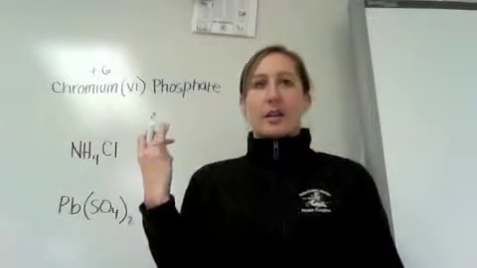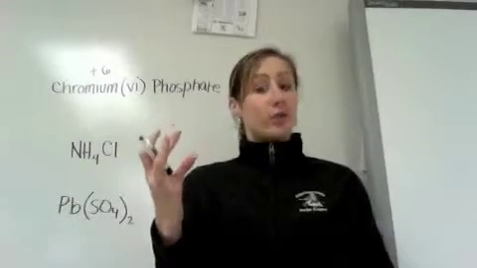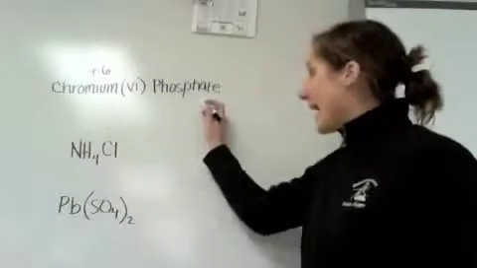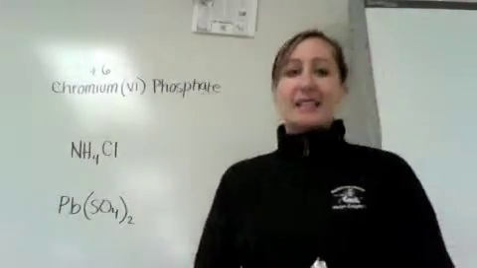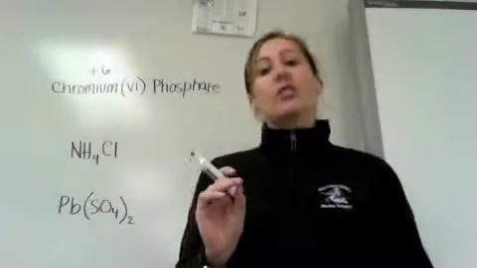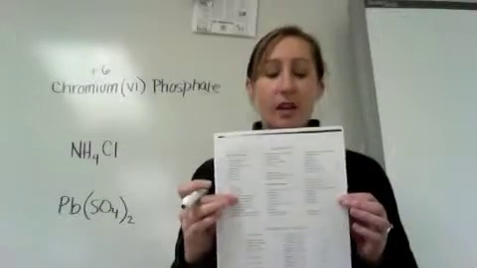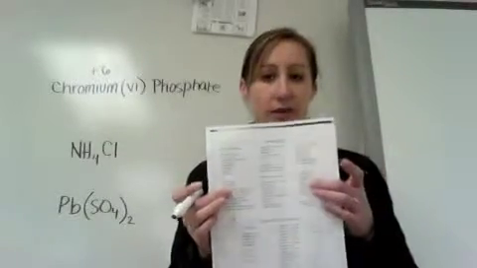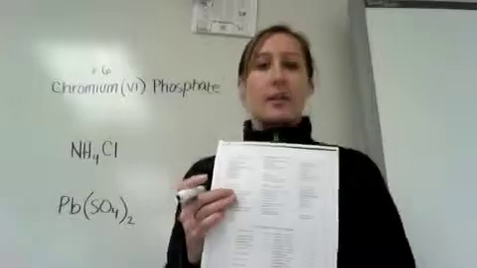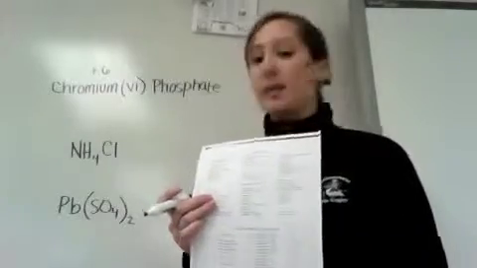Then we have to look up what the charge is of phosphate. Now I hope that you are noticing that the ending is not an -ide, so our job is easy. All we have to do is look at our chart. If you want some more of these charts that you didn't take, I have some up on the table here for you, so come and grab it.